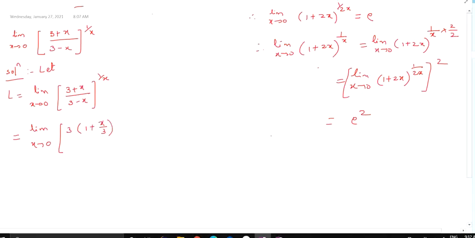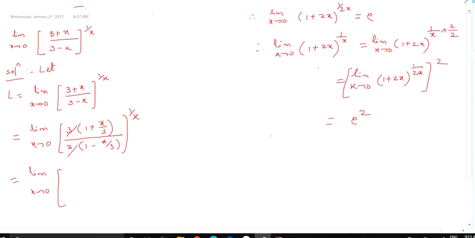If we take the term as a multiple, then we have to divide these terms. So 3 by 3 (1 plus x by 3) upon, again in the denominator taking 3 common, 3 by 3 (1 minus x by 3), and raised to 1 by x. So 3 gets cancelled and we get limit x tends to 0.